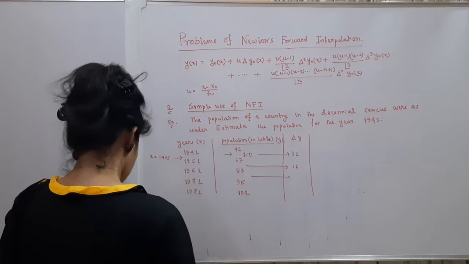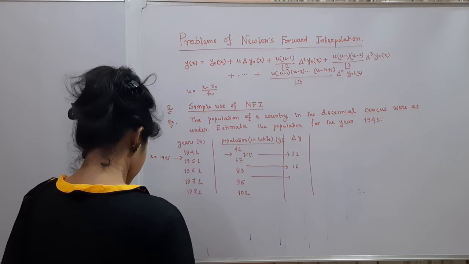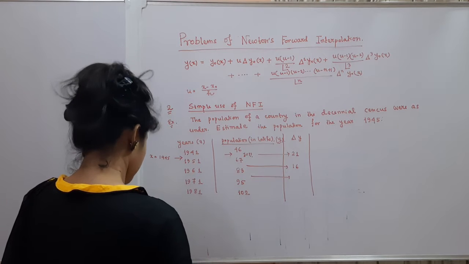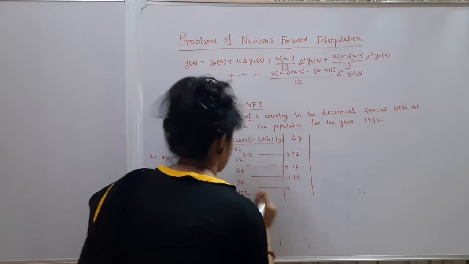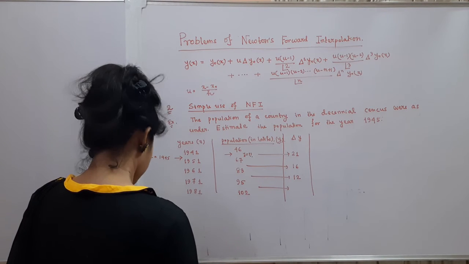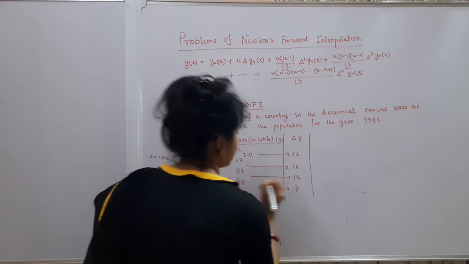Now 95 minus 83, that is 12, and 102 minus 95, that is 7.